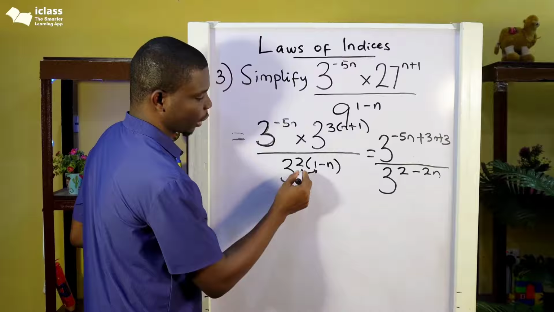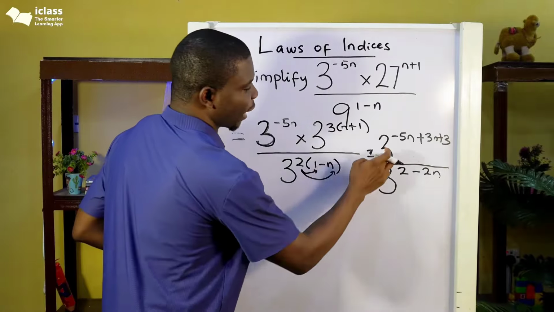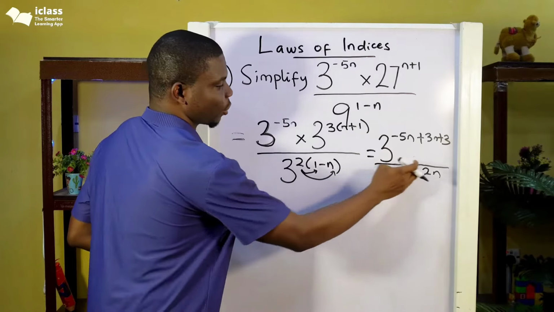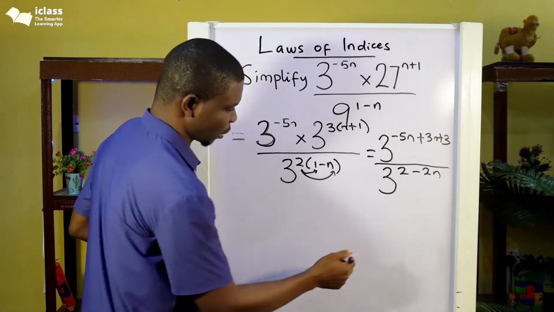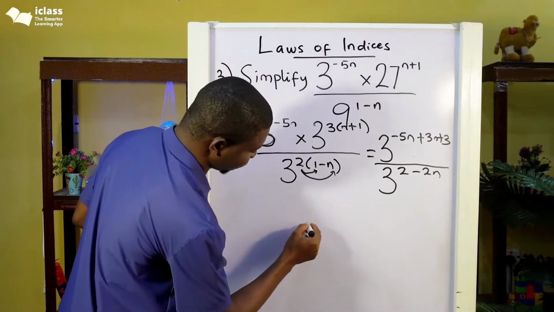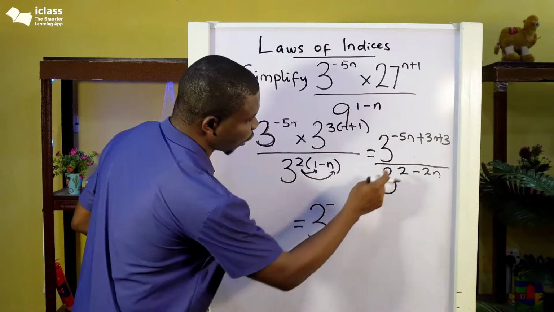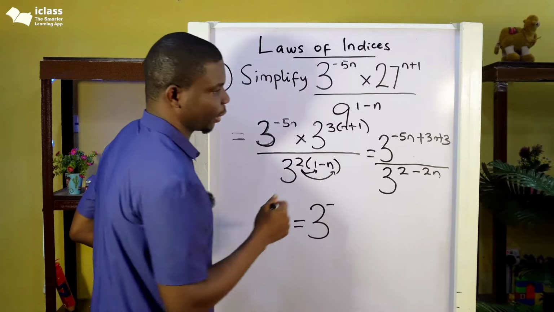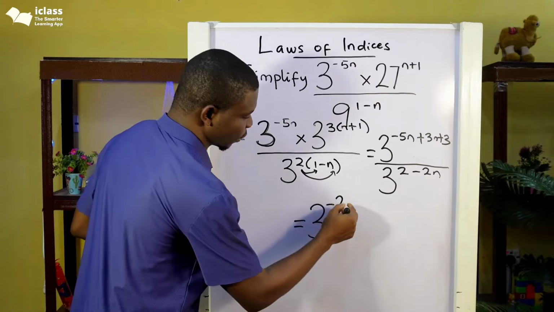You know how you open brackets, right? Okay. So now we have indices of the same base and you are dividing. So you do what to the powers? You subtract the powers. So this is going to give us 3 to the power minus 5n plus 3n. Minus 5n plus 3n is minus 2n.